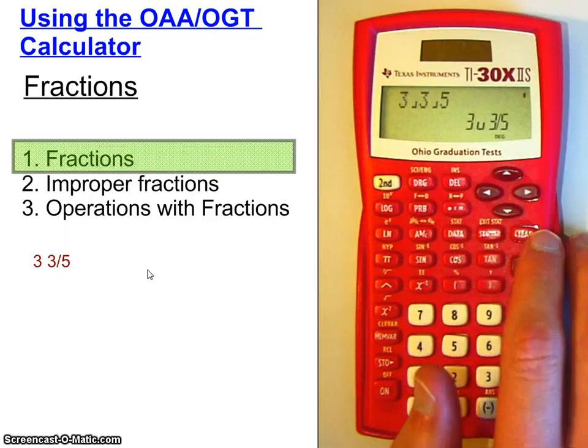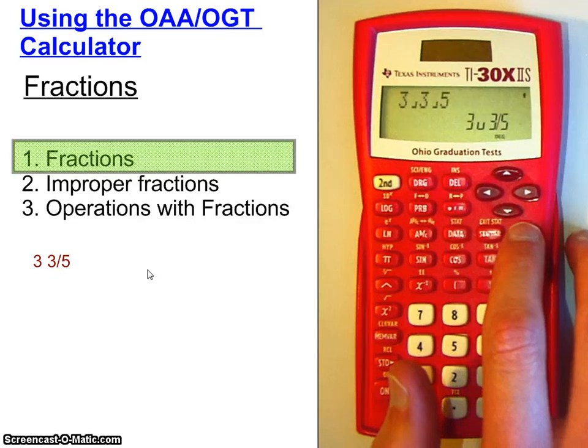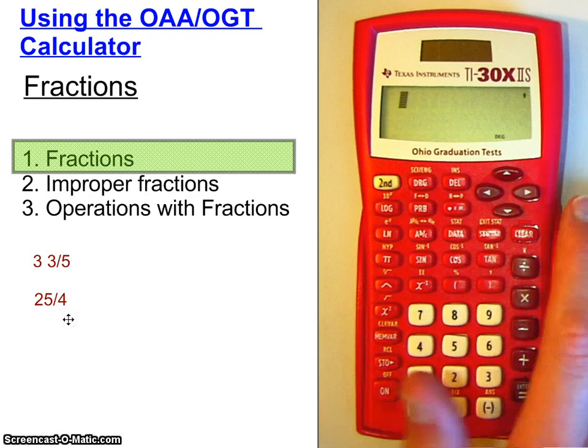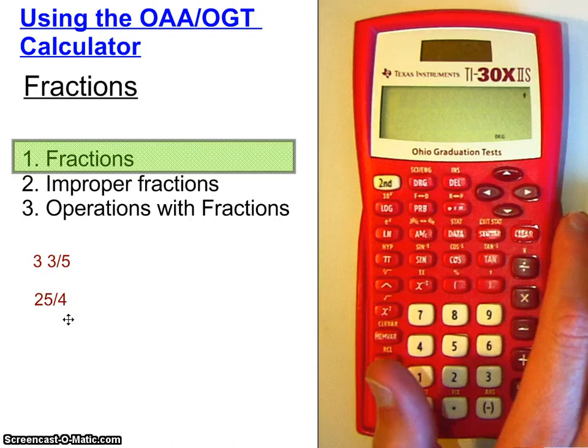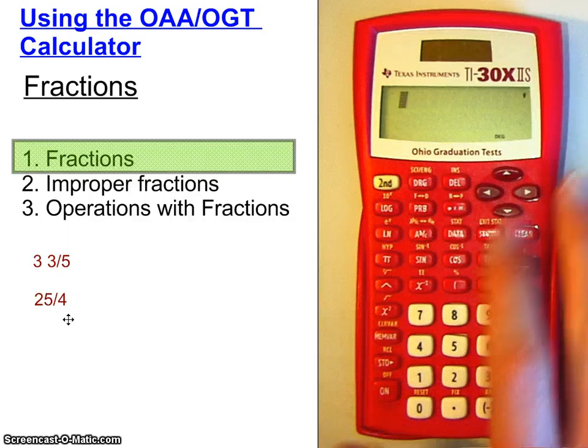I want to show you some of the other features that you can use with fractions as well. For example, looking at improper fractions. Let's say we have 25/4, and you may know how to write 25/4 as a mixed number, but you want to check your answer.